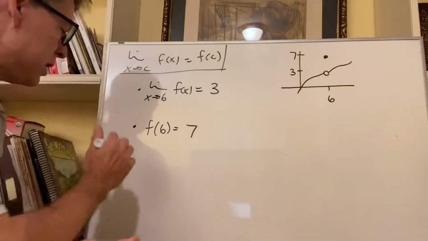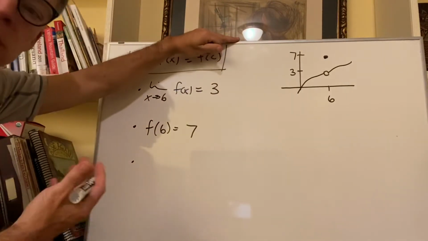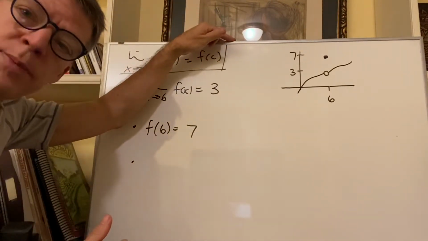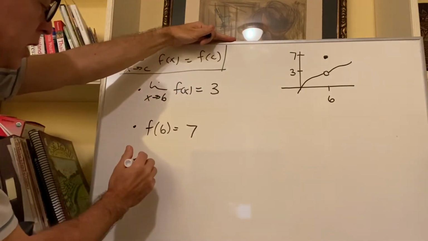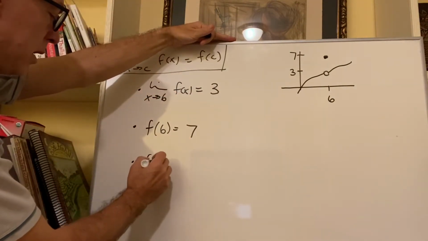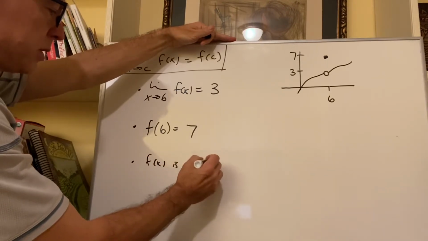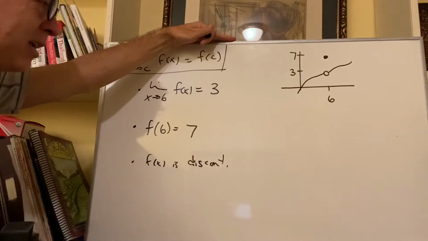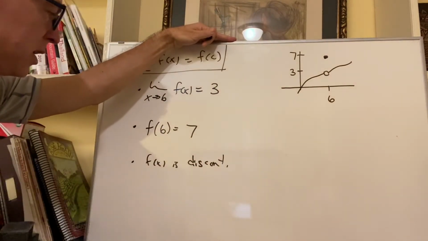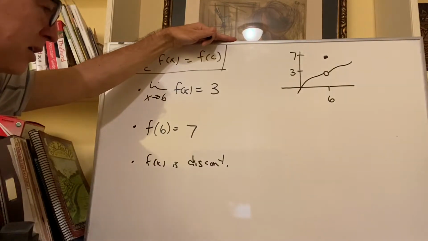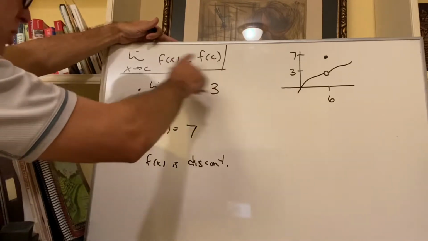But here's the thing. Ideally this line here would not be on your piece of paper. You would just be using it mentally and building a case. If you just said f of x is discontinuous, I don't know if you get all the points on the rubric on an AP test, because you have to actually use this definition.